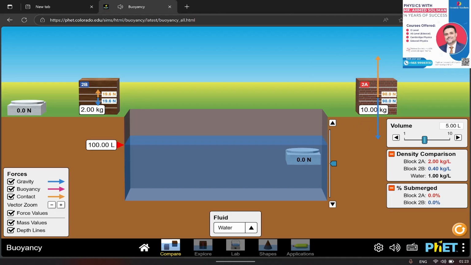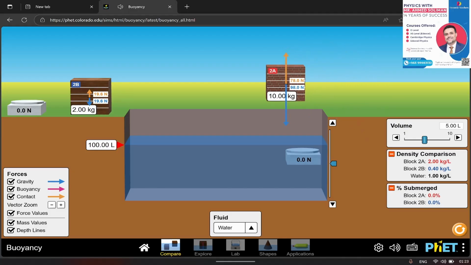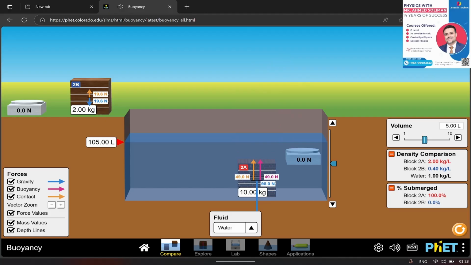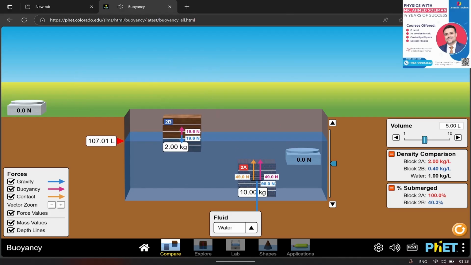So what is the density? For A, the density is 2, but for B, the density is 0.4. So a greater mass, a greater density. This is why if I place object A in water, it will sink, but if I place object B in water, it will float, because B has a lower density.